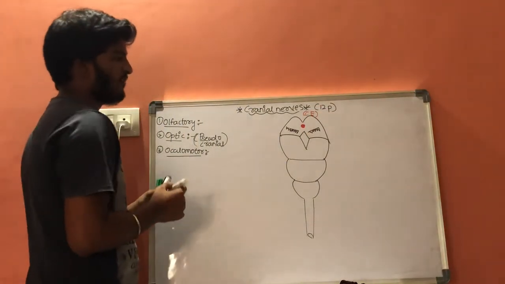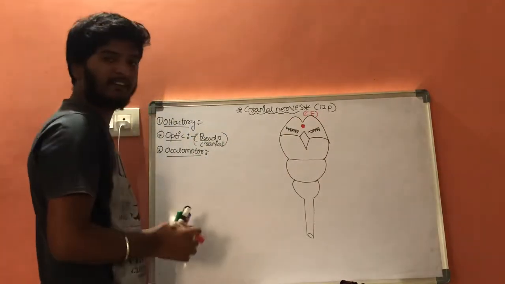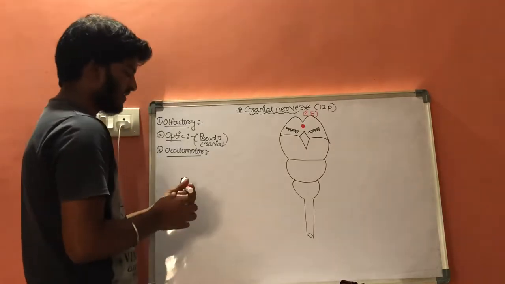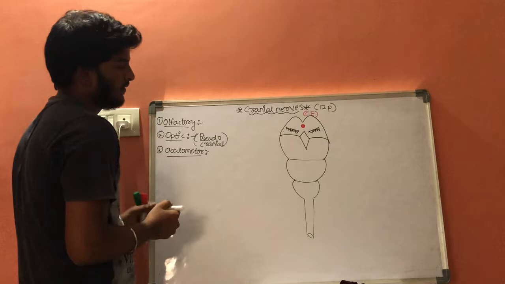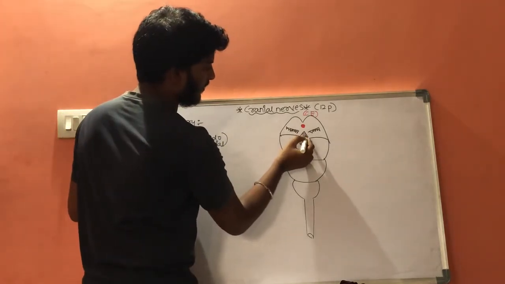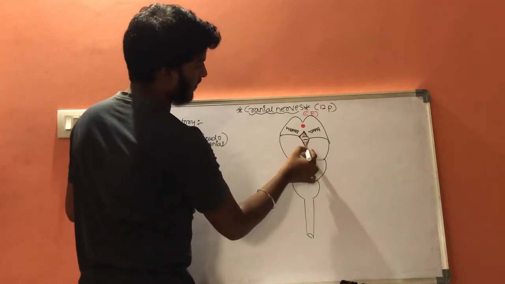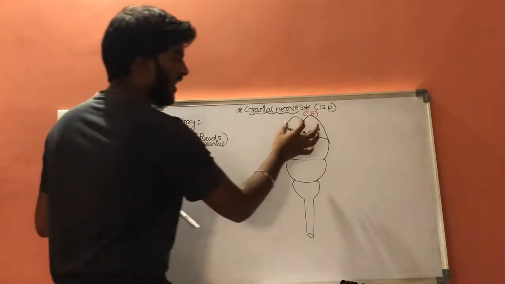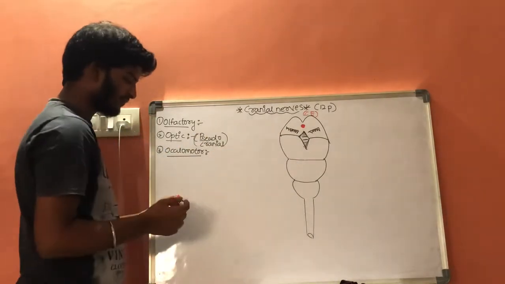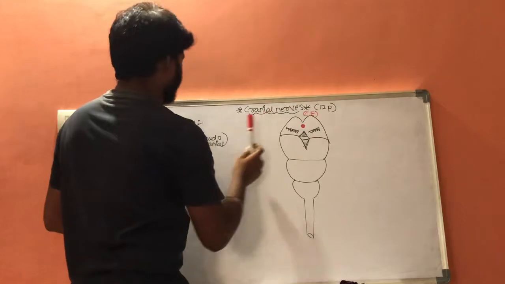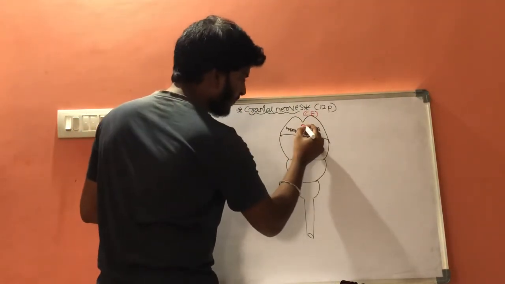Now from this cerebral aqueduct, coming to the posterior side, it consists of this structure. Now the third cranial nerve, that is the oculomotor nerve, will emerge from the cerebral aqueduct and will move in this way.